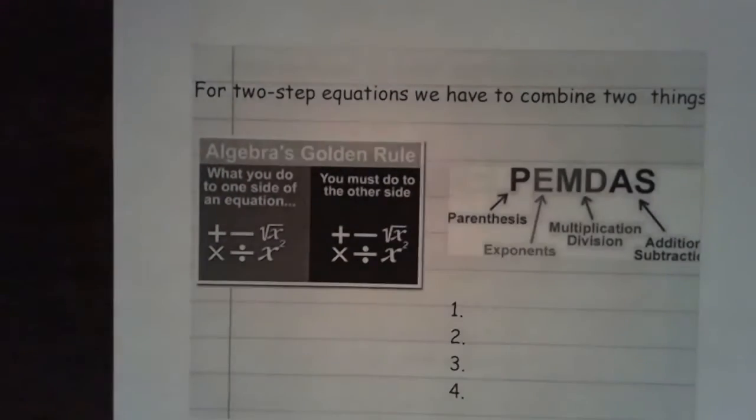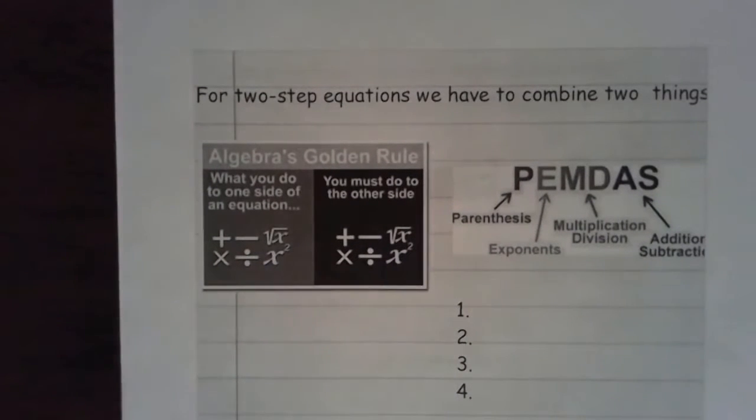Two-step equations, we have to combine 2 things. Once again, we are going to talk about the golden rule of algebra, which means whatever I do to one side of the equation, I have to do to the other side of the equation. We are also going to combine PEMDAS, as you remember the order of operations.